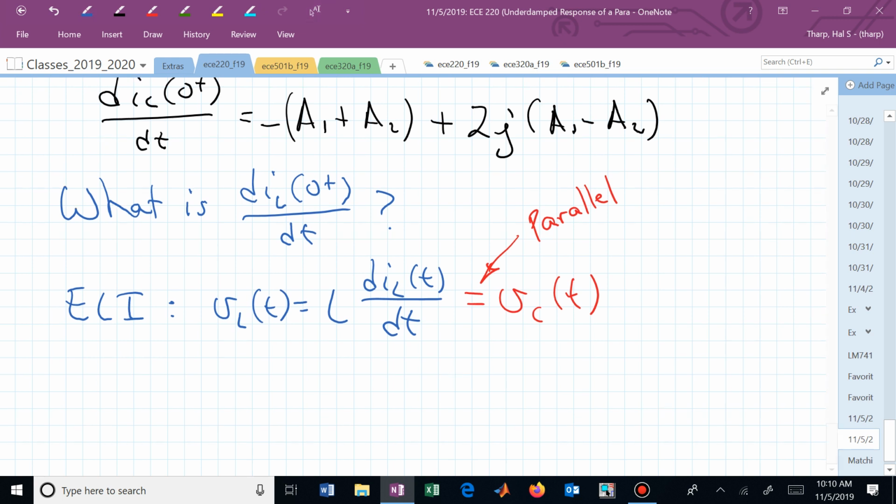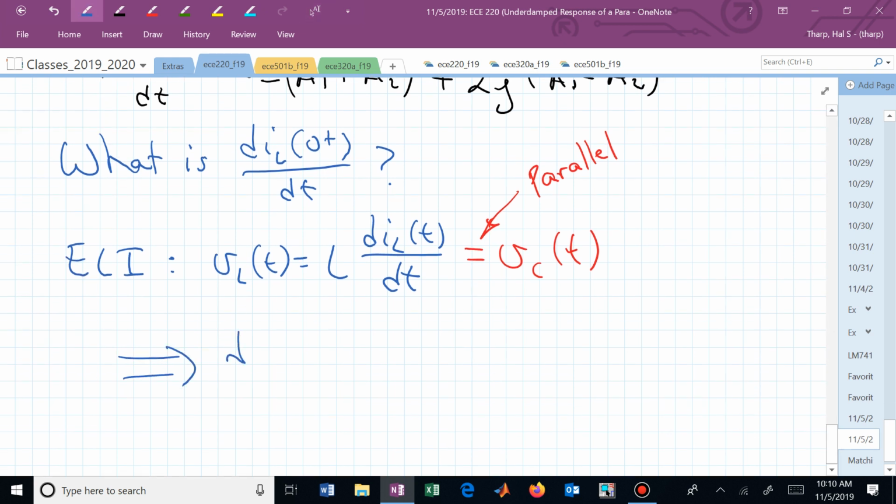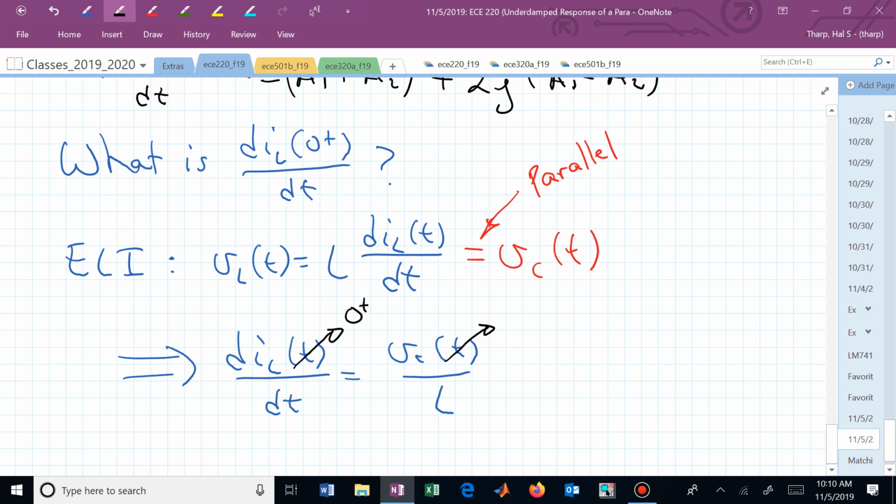And this now gives us a way to solve for di sub L of t, is now V sub c of t over L. And if we evaluate that at 0 plus, now we have an expression that utilizes our initial conditions that we were given, the initial value of our voltage on that capacitor.